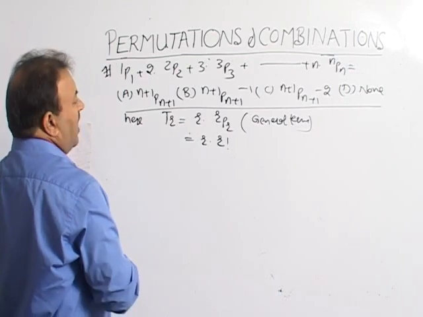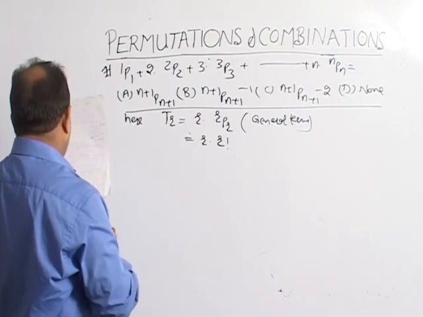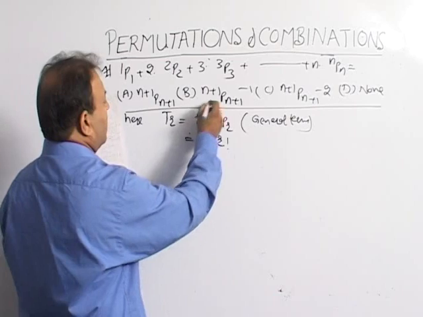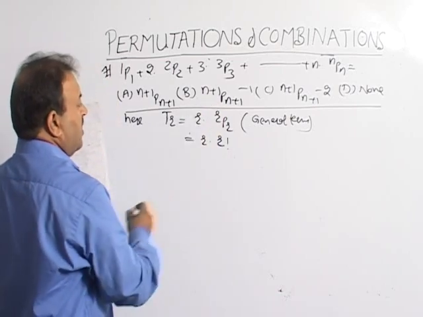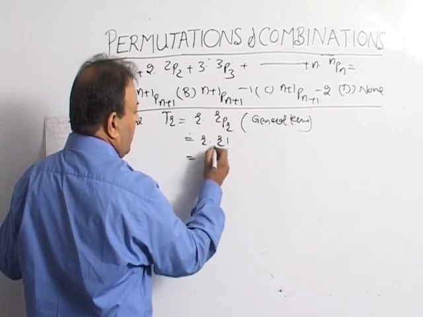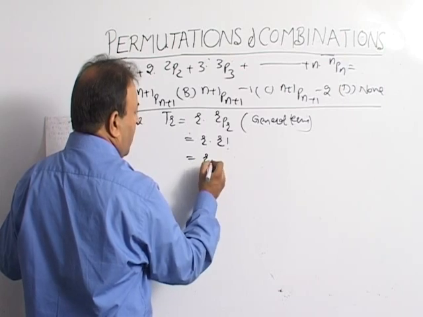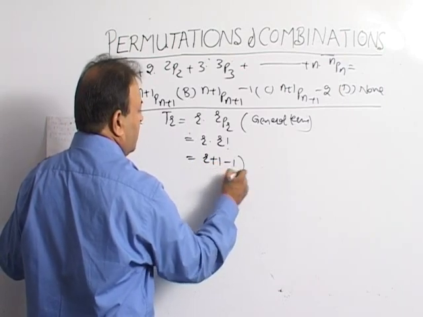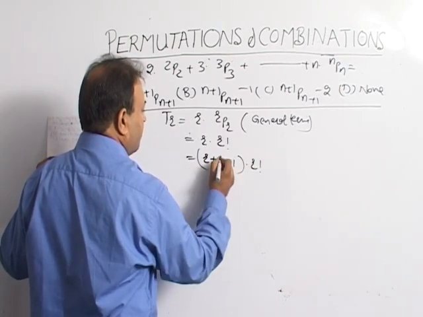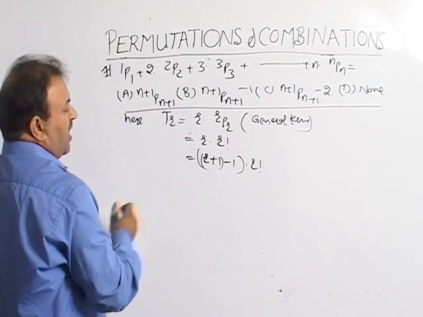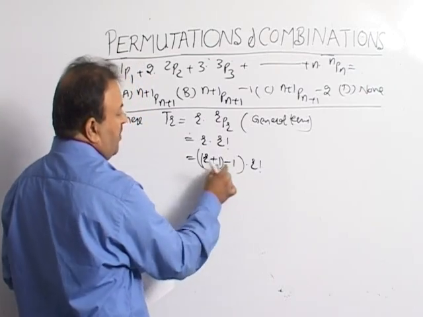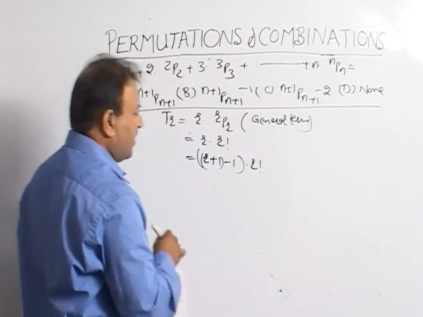Now we have to proceed, since the options are given in terms of n plus 1. Now it is r into r factorial, and I can modify it as (r plus 1 minus 1) into r factorial. What did I do here? I added 1 to r and subtracted 1.